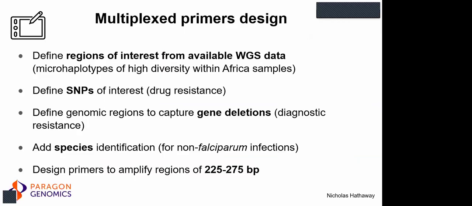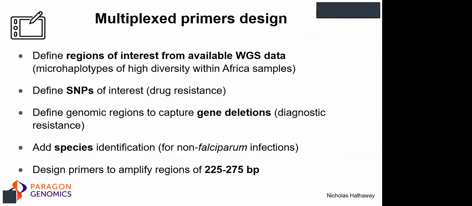So looking at the primer designs, I'll not go so much into the detail of the wet lab, but briefly, the primers define regions of interest from available whole genome sequencing data, mainly microhaplotypes of high diversity within African samples. It also defines SNPs of interest, mainly drug-resistant SNPs.